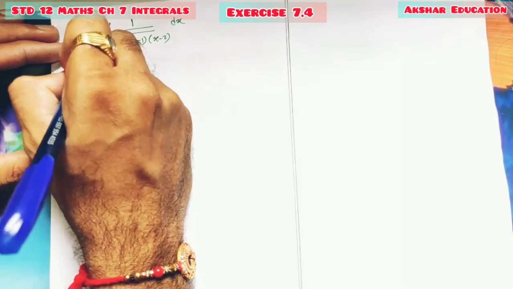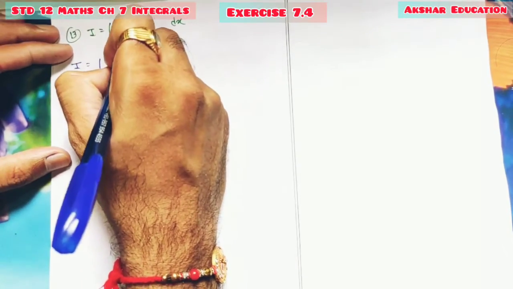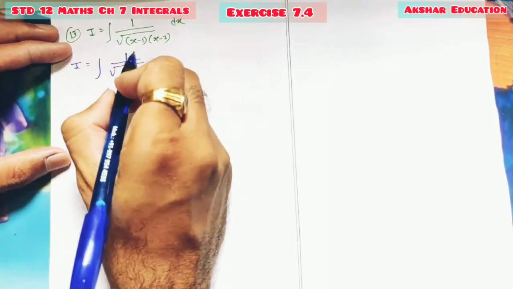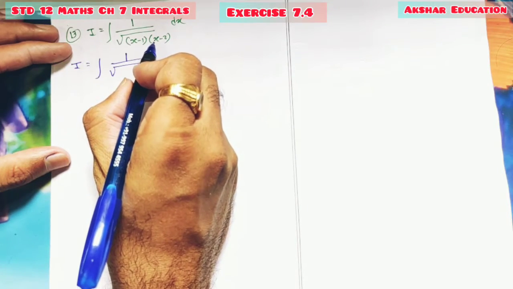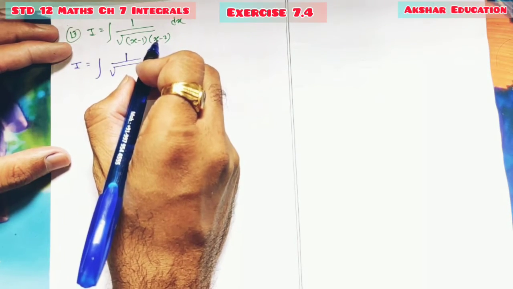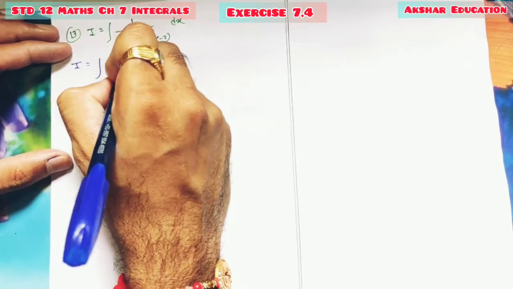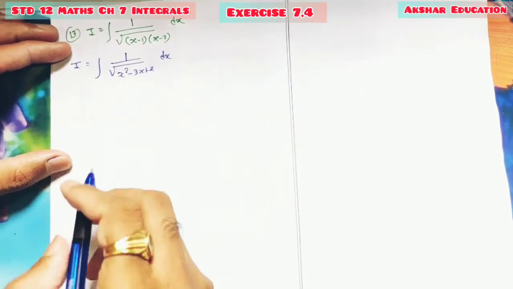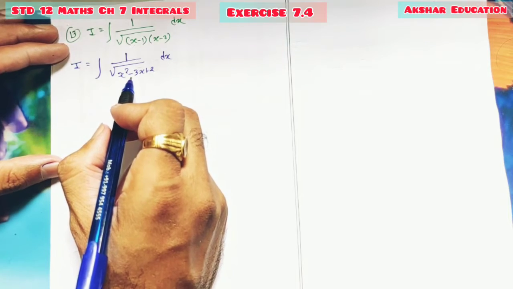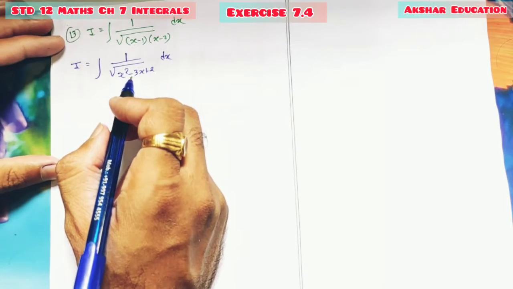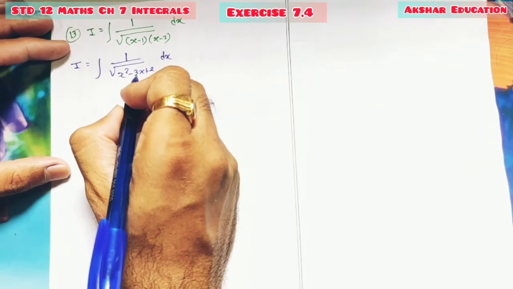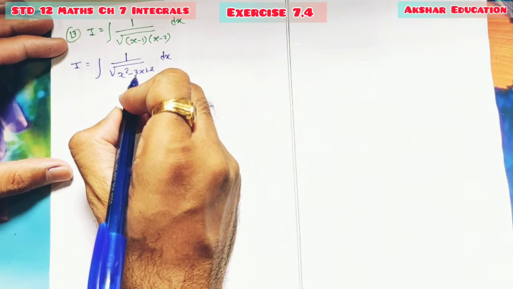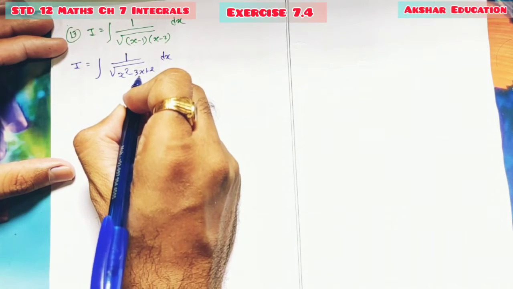So our integration I is 1 upon square root of (x minus 1) into (x minus 2) dx. What will it be? It will be x square minus 3x plus 2 dx. Now this is similar to question number 11, right? Look, you have to complete the square. So first you have to consider the coefficient of x.